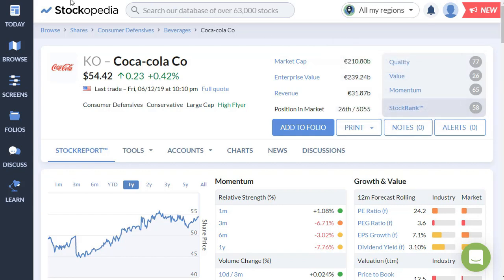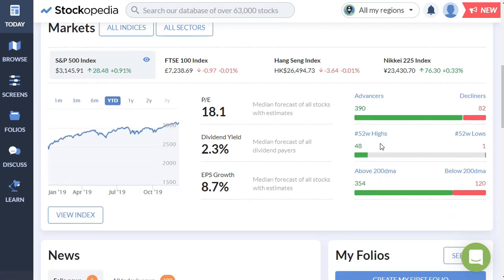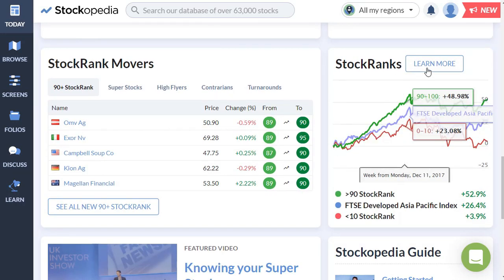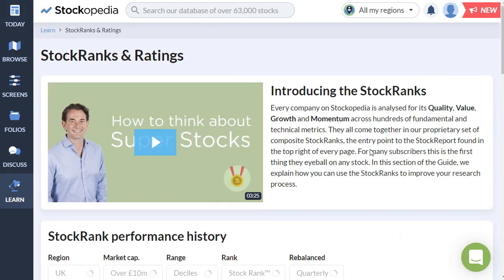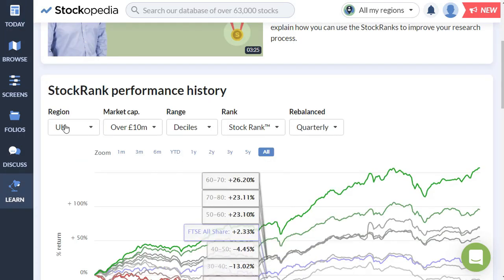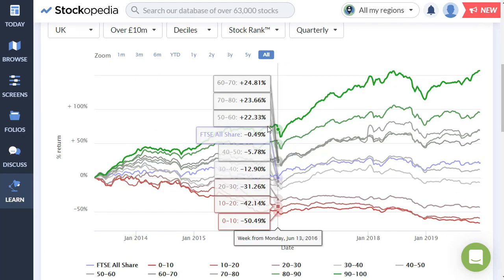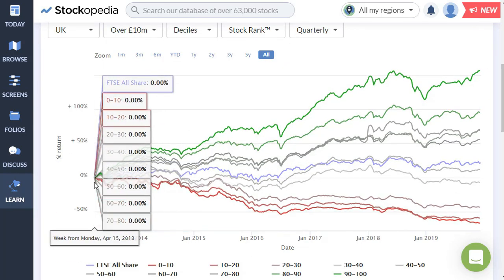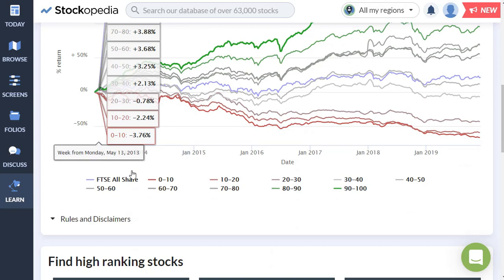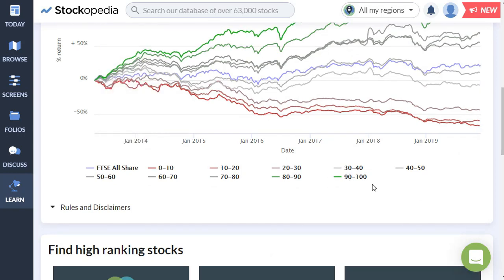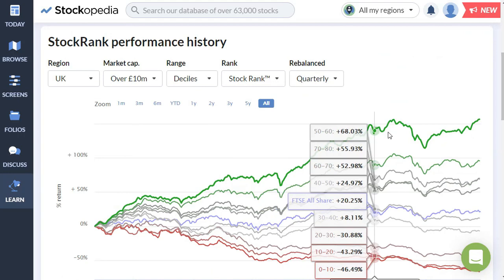What they can show, if we go to their front page here, let's see here, the stock rank. We can push this one, learn more. And what we see is that, for instance, if we look at the UK market, now this is a UK based platform. If we look at the UK market with all stocks with a market cap above £10 million, we can see here with stock ranks that from, let me see, 2013, yeah, if we had just chosen all of the stocks with a stock rank between 90 and 100, you can see that is the top green line here.